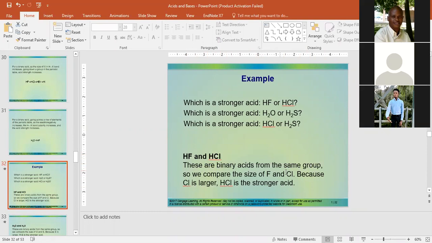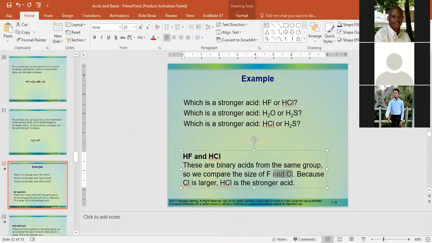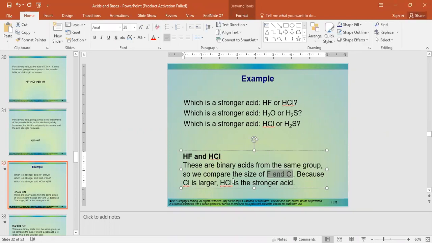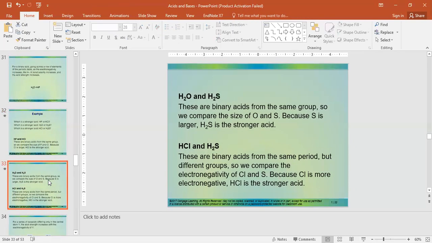So you just compare the sizes of fluorine and chlorine, and we see that chlorine is larger. If it is larger, the hydrogen is weakly held, meaning that it is a strong acid. This is just for your exercise to look at how that trend can be explained.